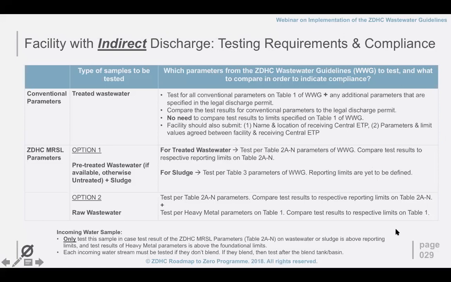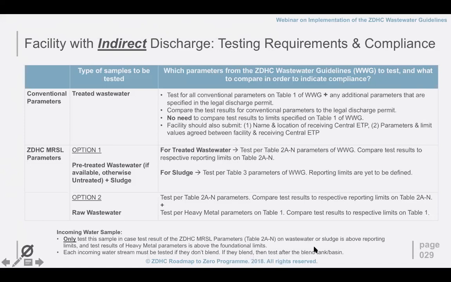The results are compared against the conventional parameters in the legal discharge permit, but there is no need to compare against the limits in Table 1 of the wastewater guidance in that case. And the facility also must provide information on the name and location of the central effluent treatment plant and the parameters and limits that are agreed on or in place in a contract between the facility and the receiving treatment plant.